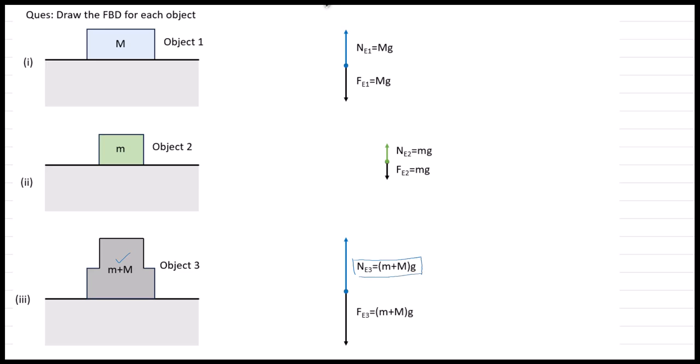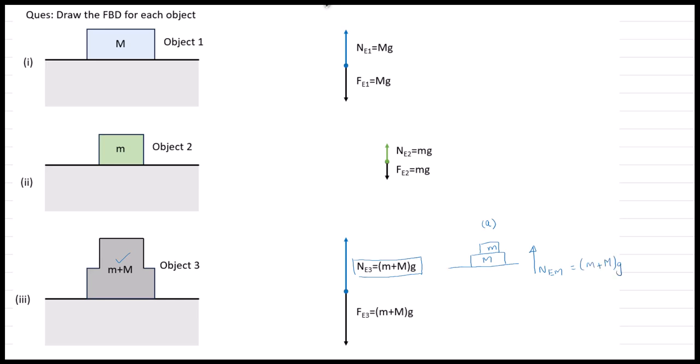So this should then also imply that if we had a mass M on the floor, and on top of that object we place the smaller mass m, since the total mass is the same, M plus m, in this new scenario, let me call it A, scenarios A and 3 are the same with respect to the total mass on the ground. So in this case also, without exception, this should hold valid, that the normal force by Earth, applicable on the object in contact, N will be equal to M plus m times g.